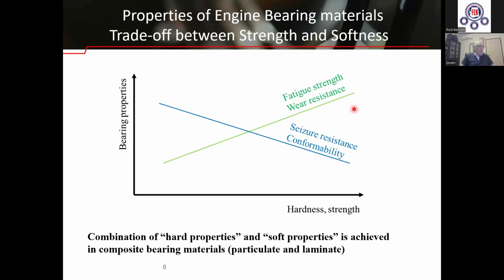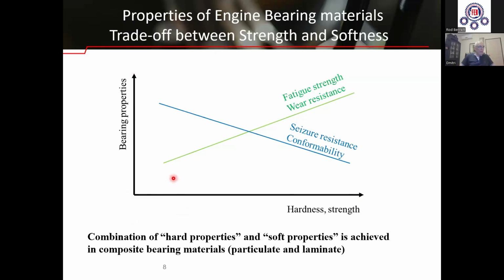Fatigue strength, wear resistance, and cavitation resistance are attributed to the material strengths, whereas seizure resistance, conformability, and embeddability relate to the material softness. This is illustrated in the graph. The harder the bearing material, this is the hardness, and this is the bearing properties.